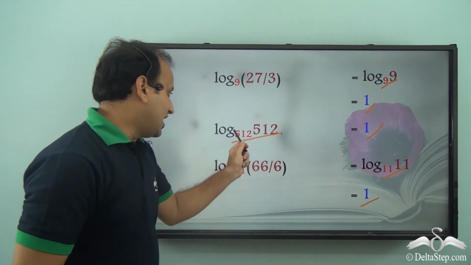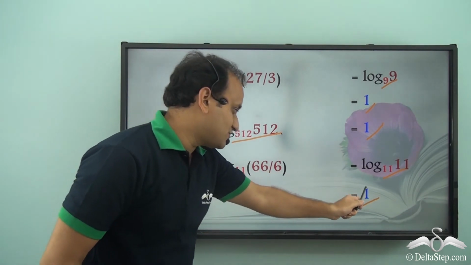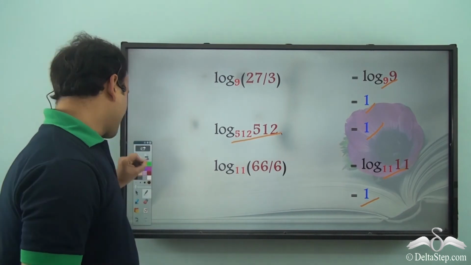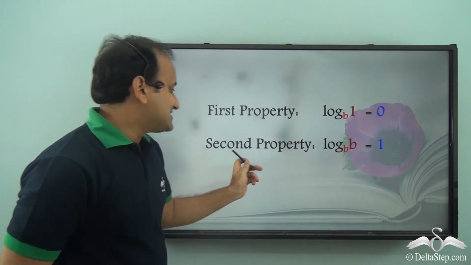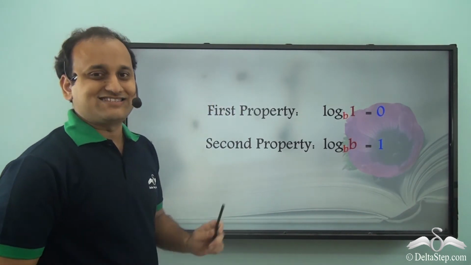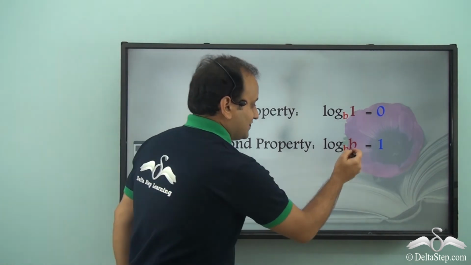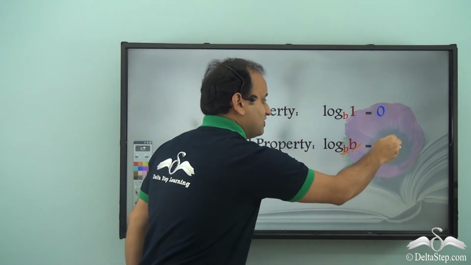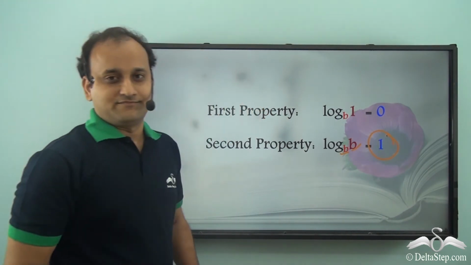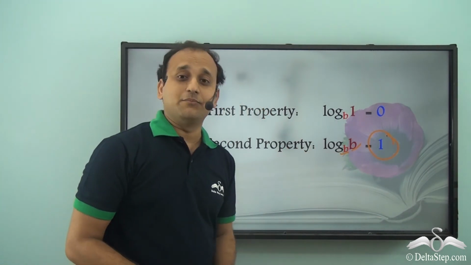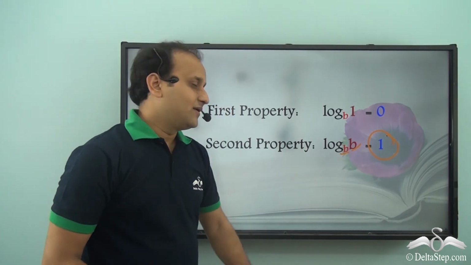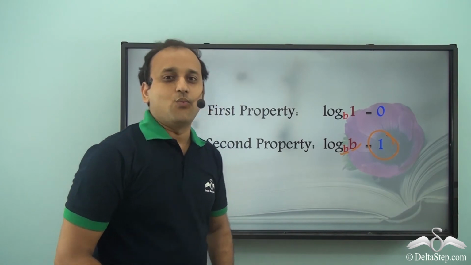Whenever the argument and base were the same, the answer was always 1. So was this also a property? Yes. This is the second property of logarithm. It states that if you have the base and the argument the same, the answer will always be 1. So you don't need to solve such bigger numbers. You just need to check if the base and the argument are the same, and you will write the answer as 1.